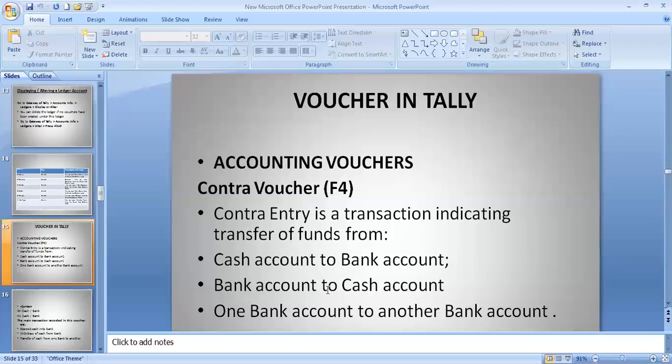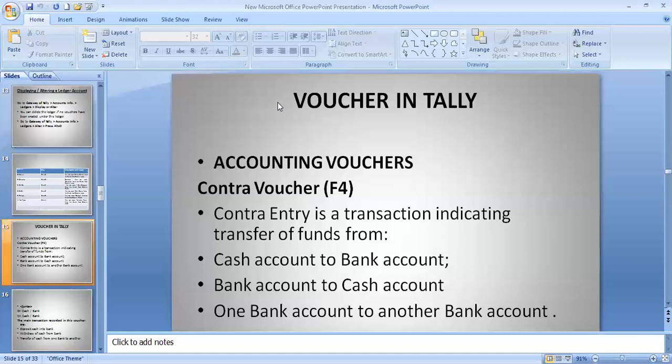A voucher is a document that contains the details of financial transactions, required for recording them into the books of accounts. All the financial transactions will be recorded as a document.